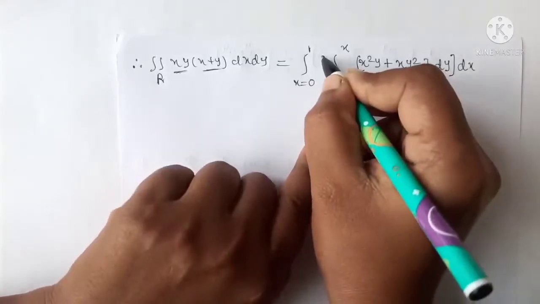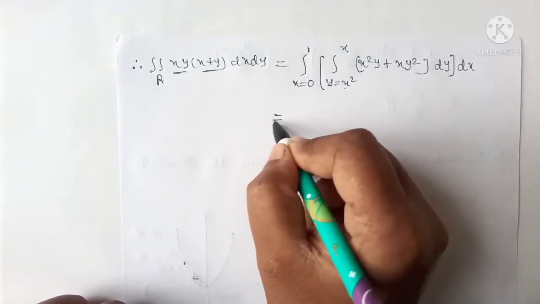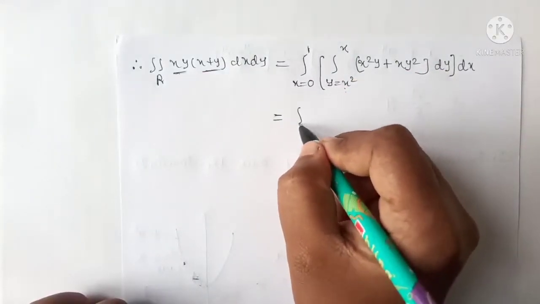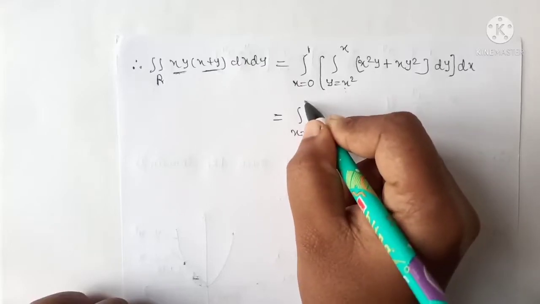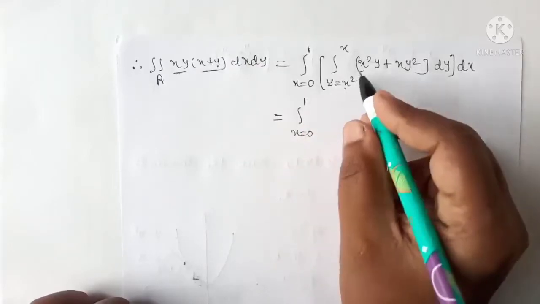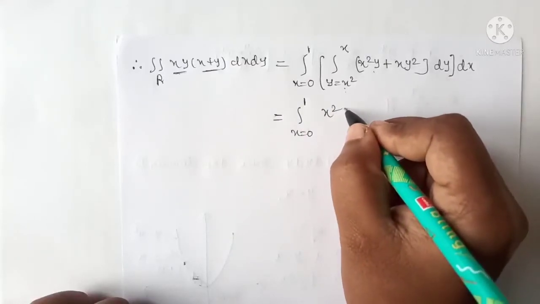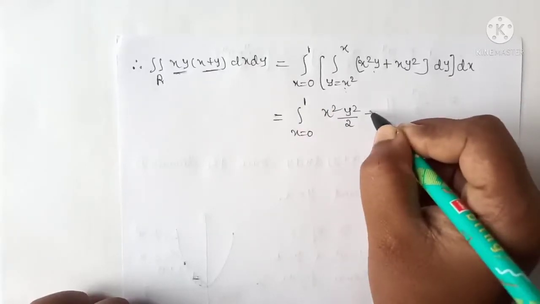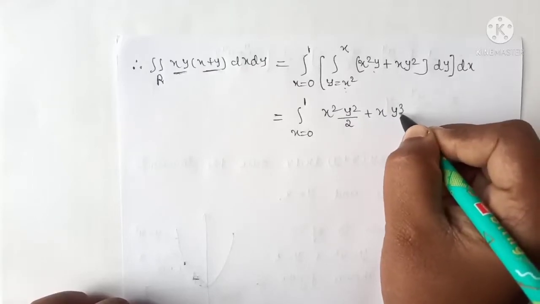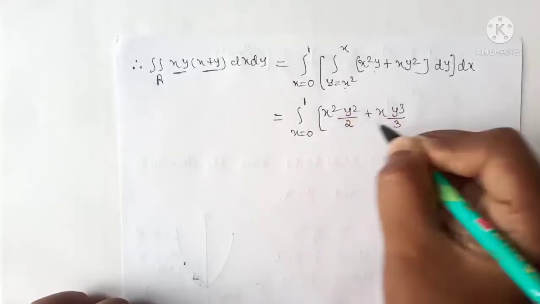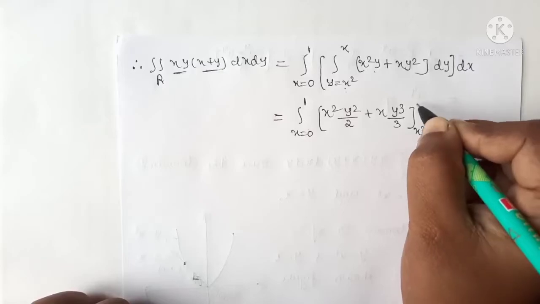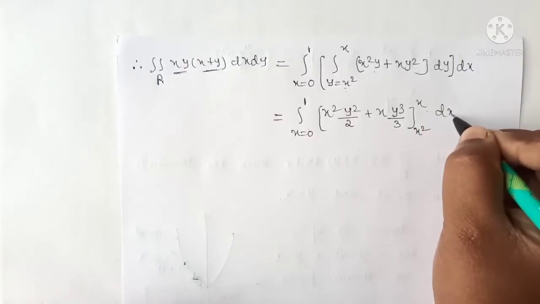Now integrating with respect to y, we get integration x equals 0 to 1. So x square being constant, the y integration is y square divided by 2, plus x constant, y square integration is y cube by 3, and the limits are x square to x into dx.